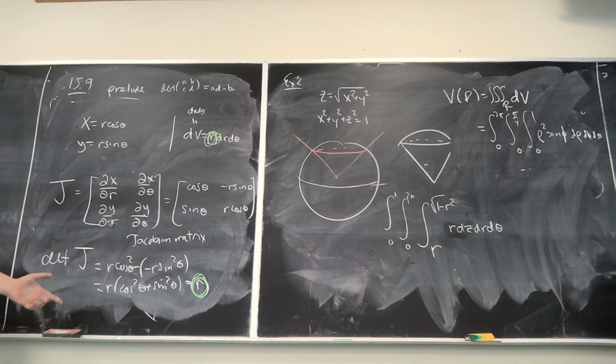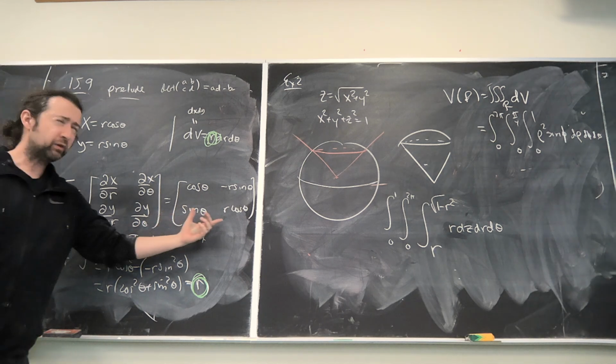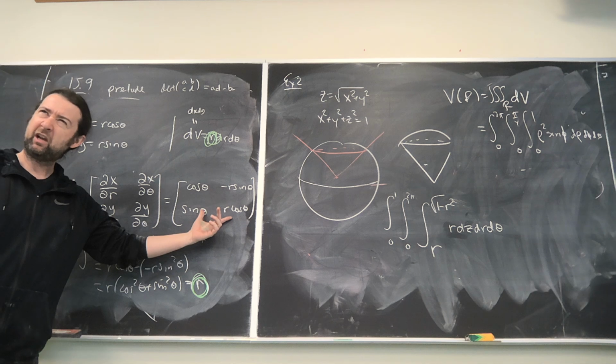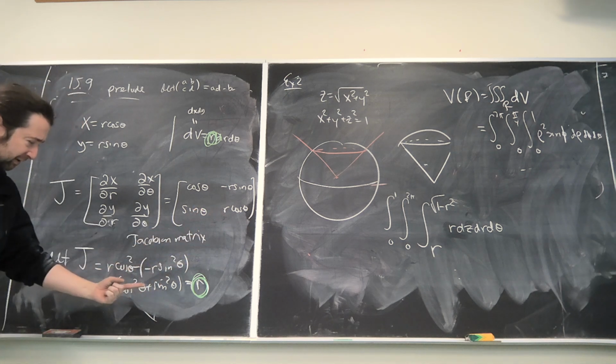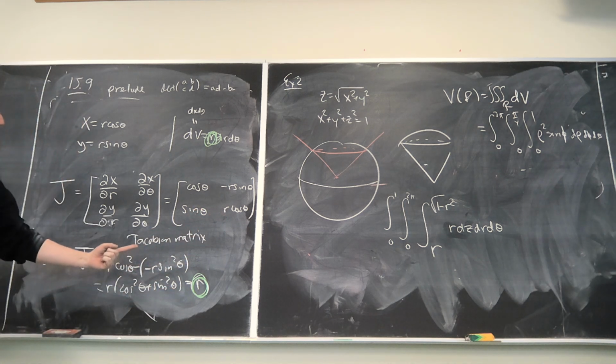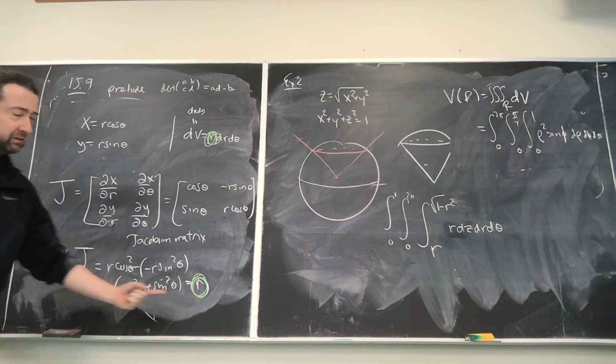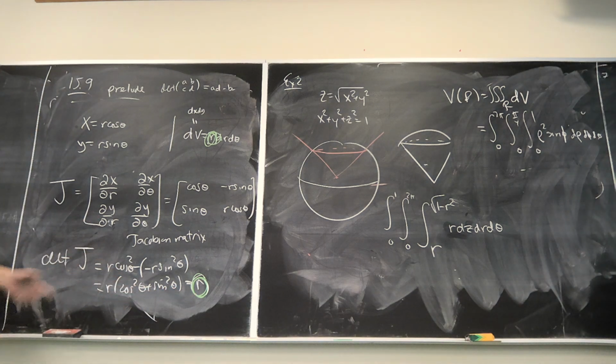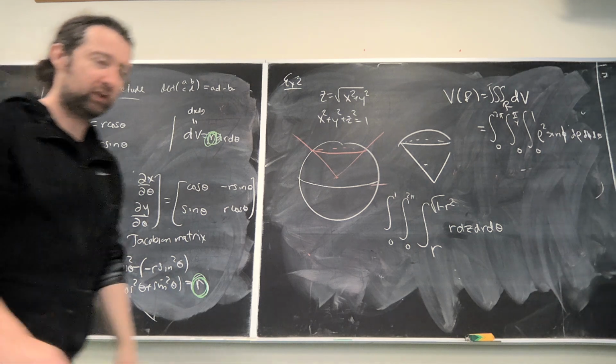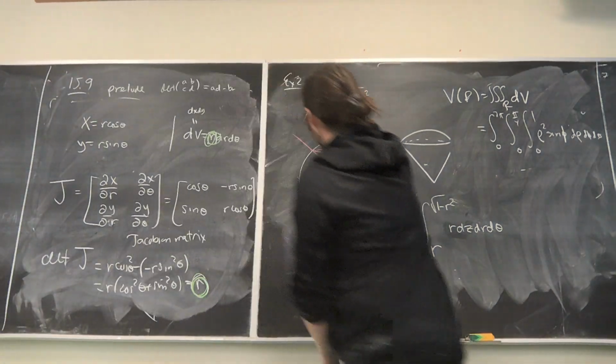So somehow the derivatives are forming a parallelogram, and when I calculate their area, I end up with that. So that's this fixed factor. Something about the change of variables is inducing a change in area, and that's what the determinant's picking up. Like I said, this is just a prelude, so I'm trying to make this kind of mysterious.